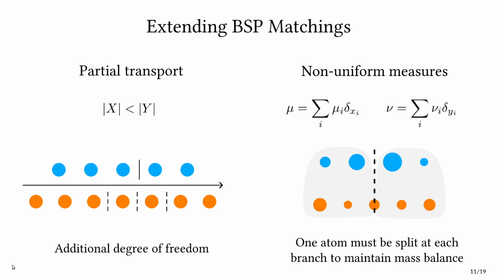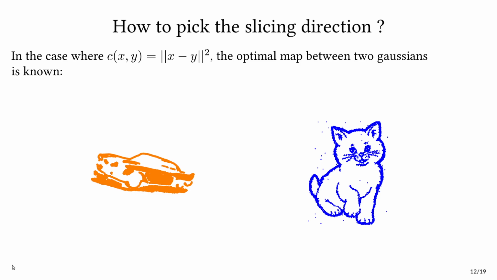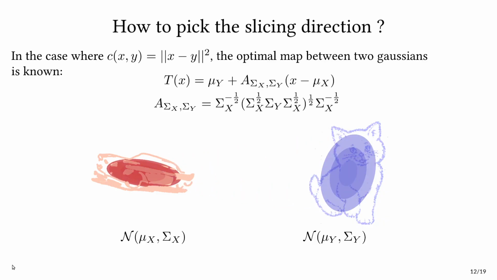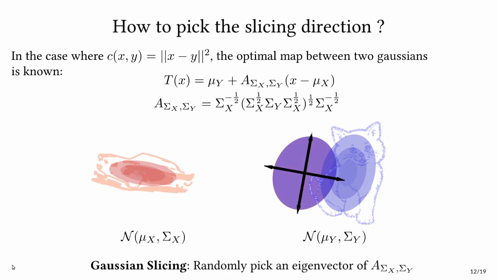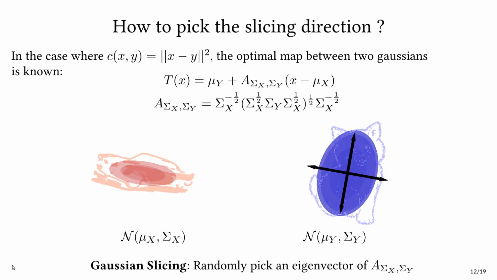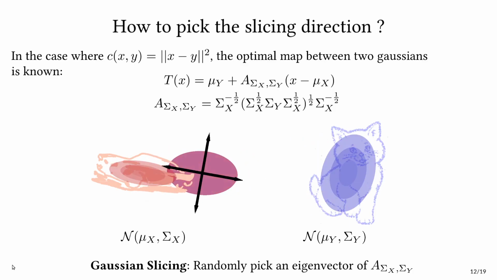Okay. And another contribution that is very important in practice is how you pick the slicing directions. That must be random. So we start from the fact that the optimal map between 2 Gaussians is known. We know that it is given by a simple affine map. And we show that if you choose any eigenvector of this affine map, you define directions that will naturally split the transport in this Gaussian case.